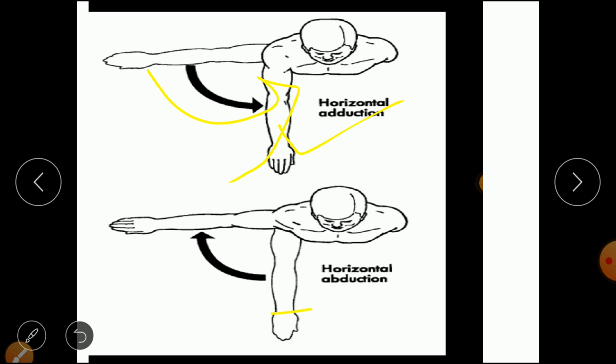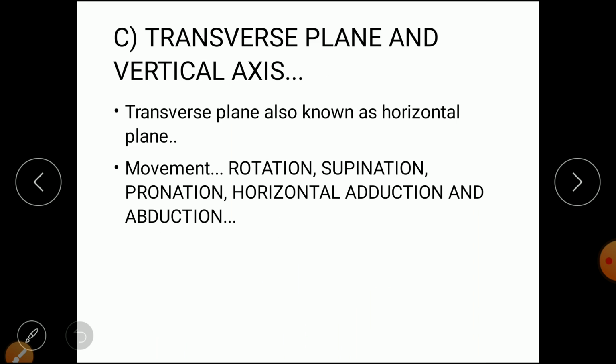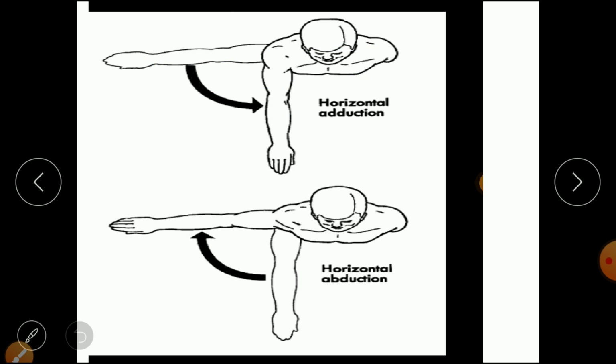And when it is away from the line of the body, it is abduction, and when it is near to the body line, it is adduction. So horizontal adduction and abduction, supination and pronation. These are the movements which take place in the transverse plane, or vertical axis.